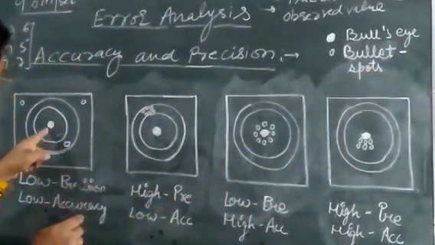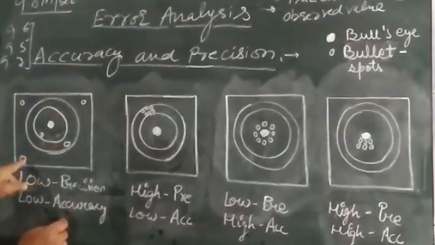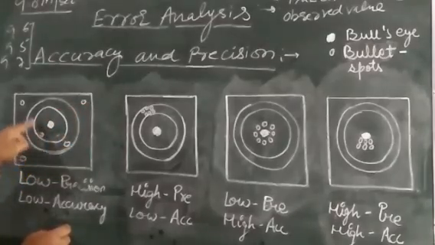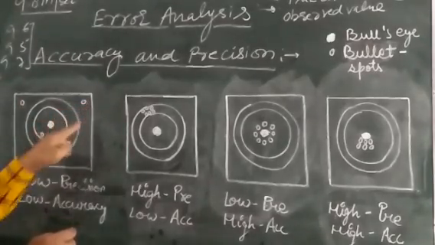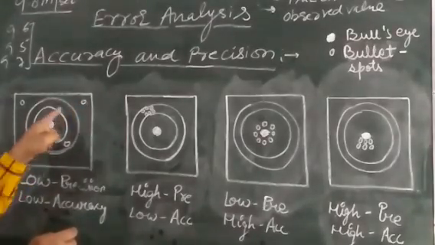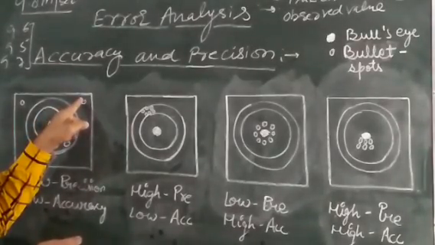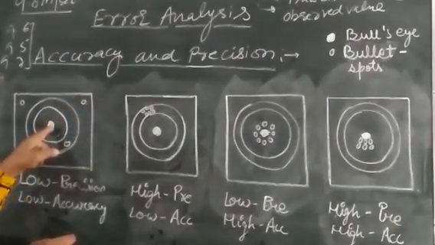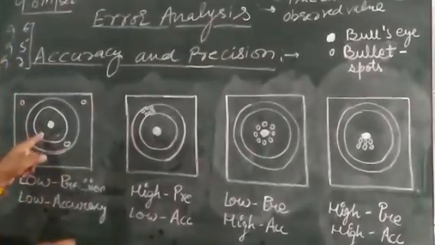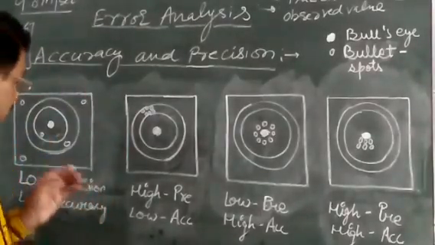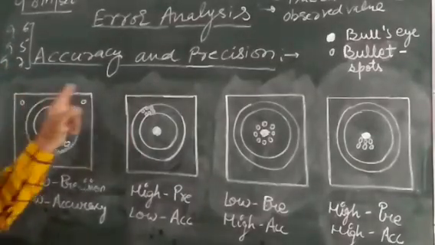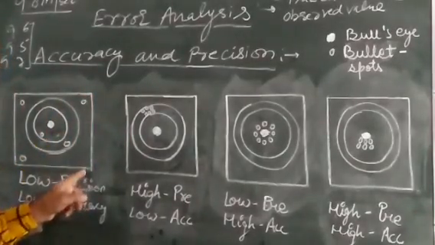Now you see here, in this case all your observed values, meaning your attempts, are far from each other, and also far from this target, the bull's eye. This means its precision is also low. Why is precision low? Because all these attempts are very far from each other, so it is low precision. And since they are also far from the bull's eye, its accuracy is also low.